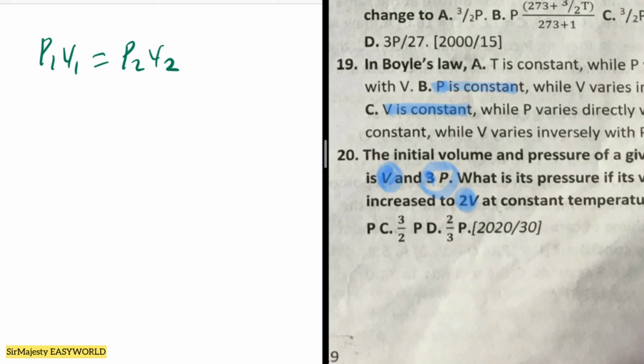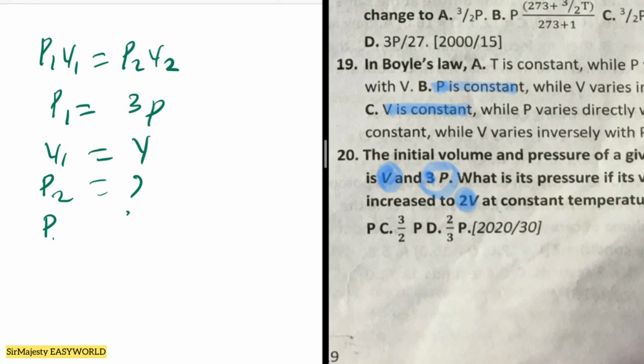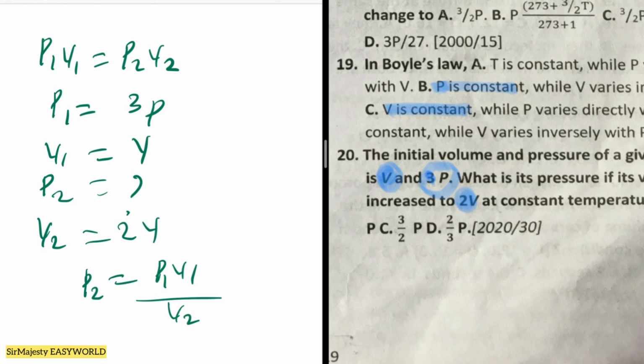But in the solving, our P1 is 3P, our V1 is V, our P2 is unknown, and our V2 is 2V. So you just make P2 the subject of the formula, and P2 is equal to P1V1 over V2. P1 is 3P, times V1 which is V, over V2 which is 2V.